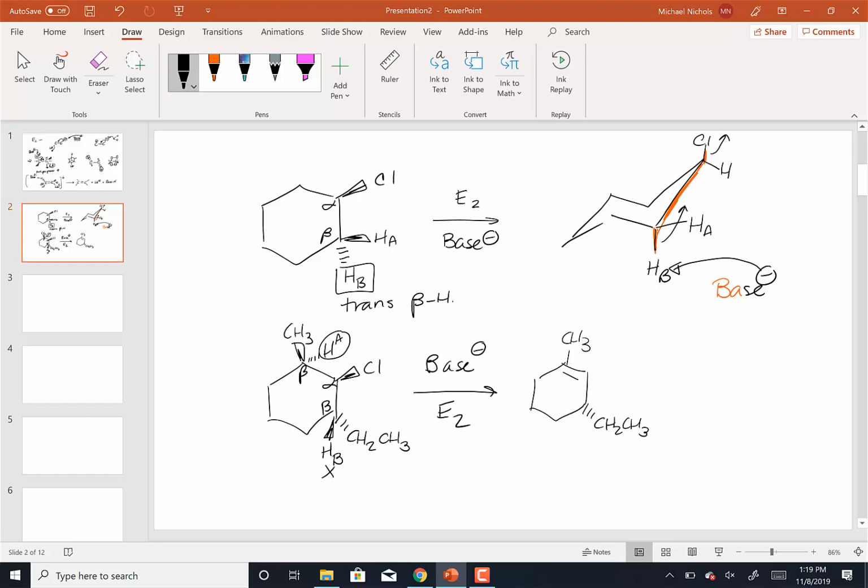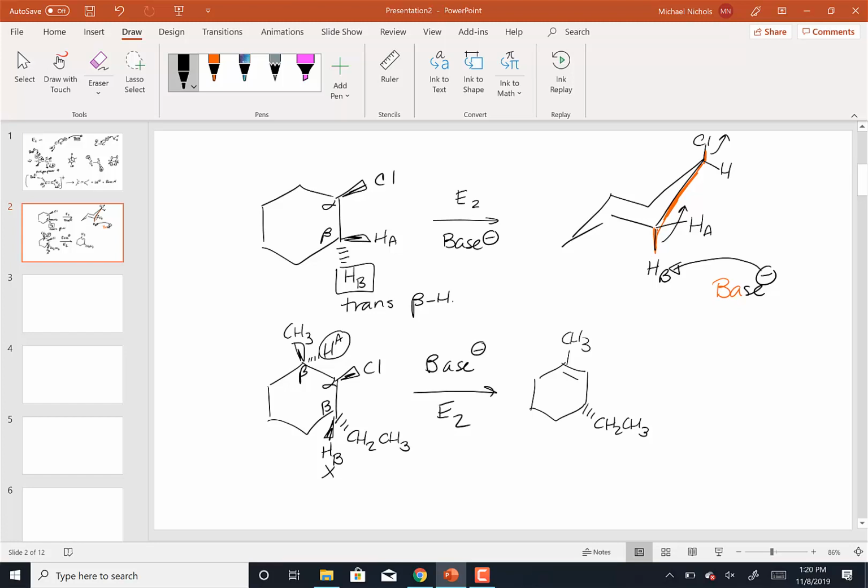So our rules for writing the products are going to be a little different in E2. The first step is going to be find the beta hydrogens. That's the same as E1. Second step is going to be which hydrogens can be removed. The ones that can become anti-periplanar. In a cyclohexane ring, it's trans beta hydrogens.